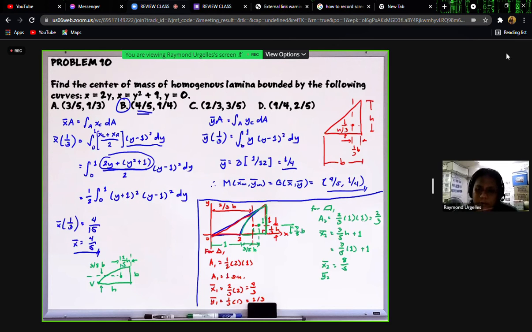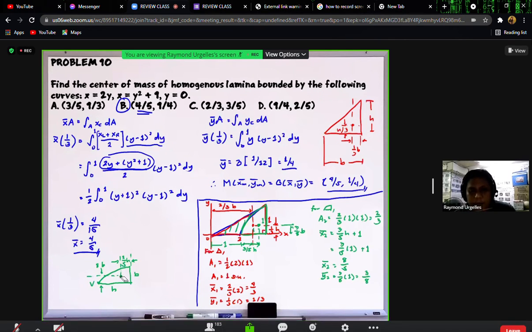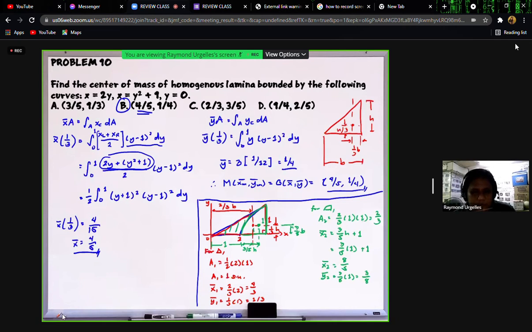So, again, this is equivalent sa 3/8 ng base. Diba? Ito yung base natin also, 1 unit. So, this is equal to 3/8 times 1 unit. So, this is equal to 3/8 unit. Okay? Tapos, remember again na yung buong figure natin, itong figure na to is just the triangle minus the parabola. Diba? So, therefore, dito ko na isolve.